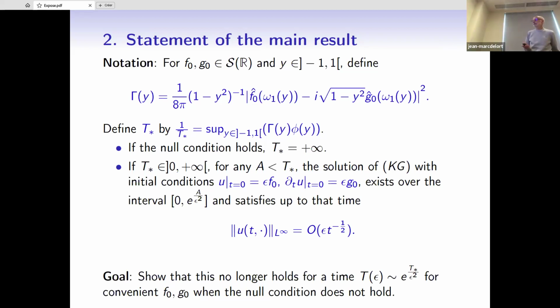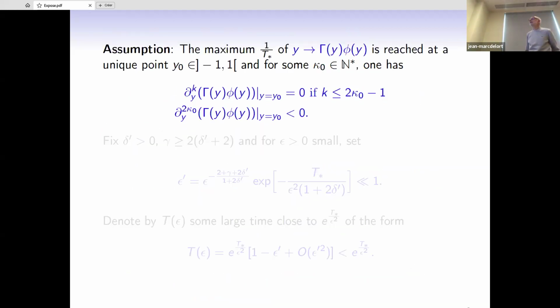So let me give precisely the assumptions. I define one over T star to be the supremum of some function, gamma of y phi.